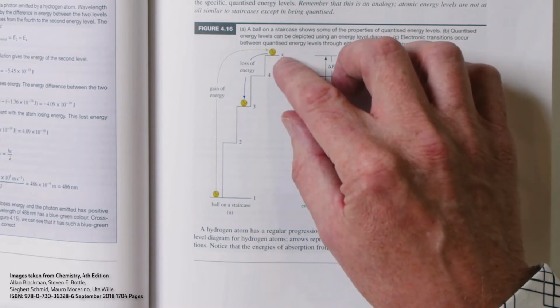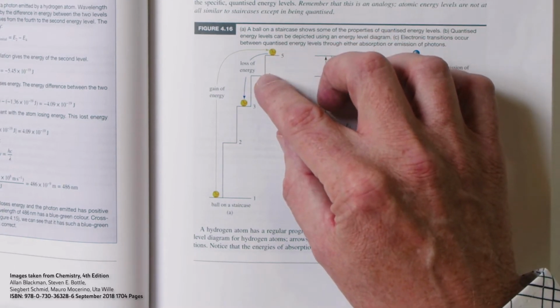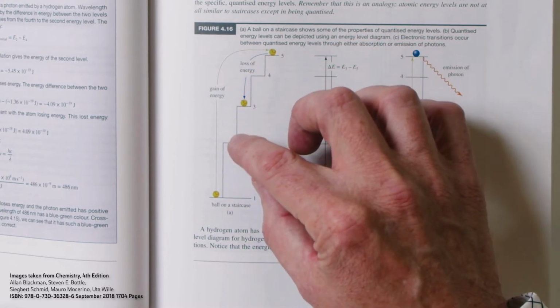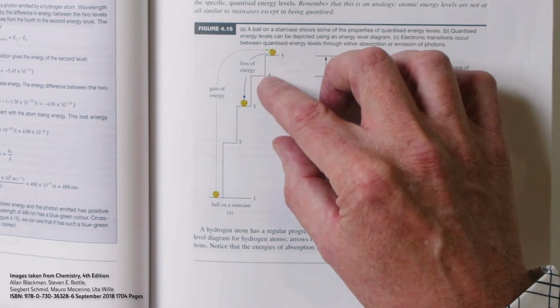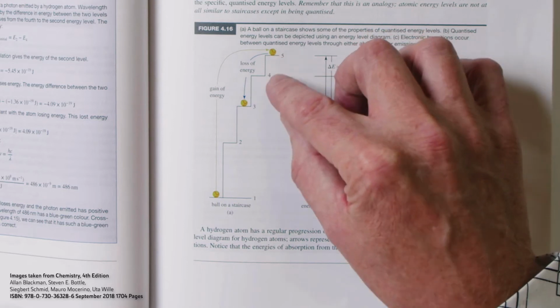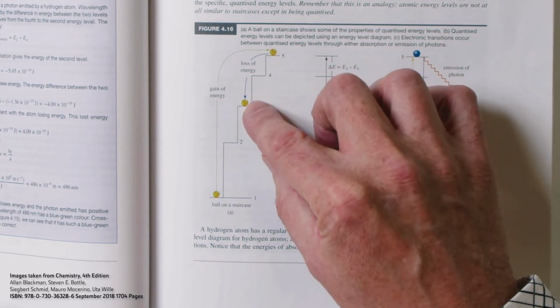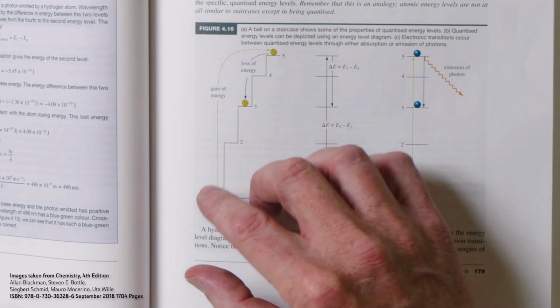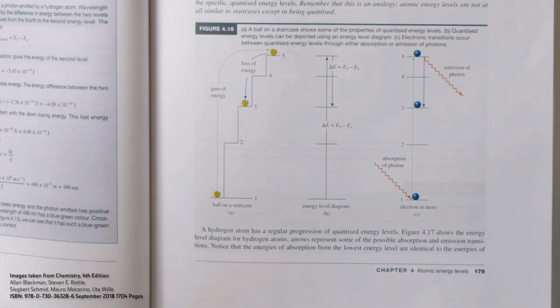So a ball on a staircase can only drop down in energy in particular amounts, and that corresponds to the stairs. It could go from the 5th stair to the 4th stair, or down to the 3rd stair, or the 2nd stair, or whatever, but it can't go, for example, to the 2.5 stair. And atoms are kind of like that as well.